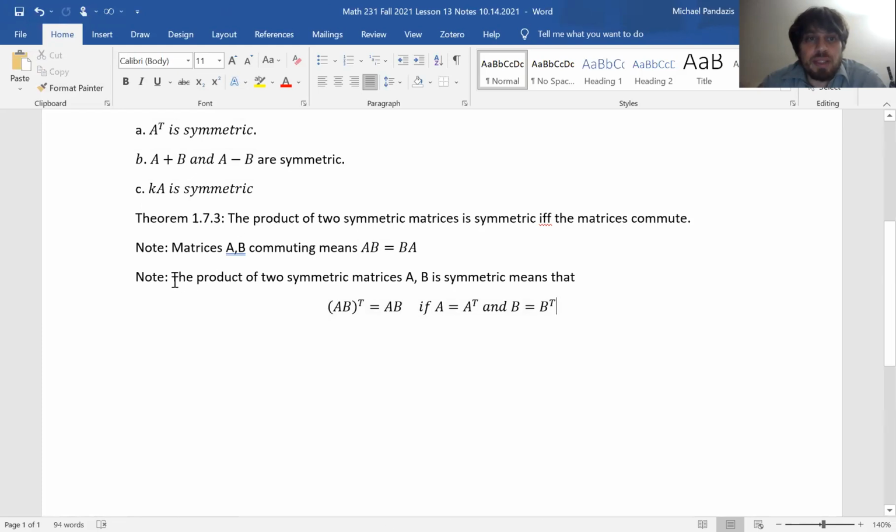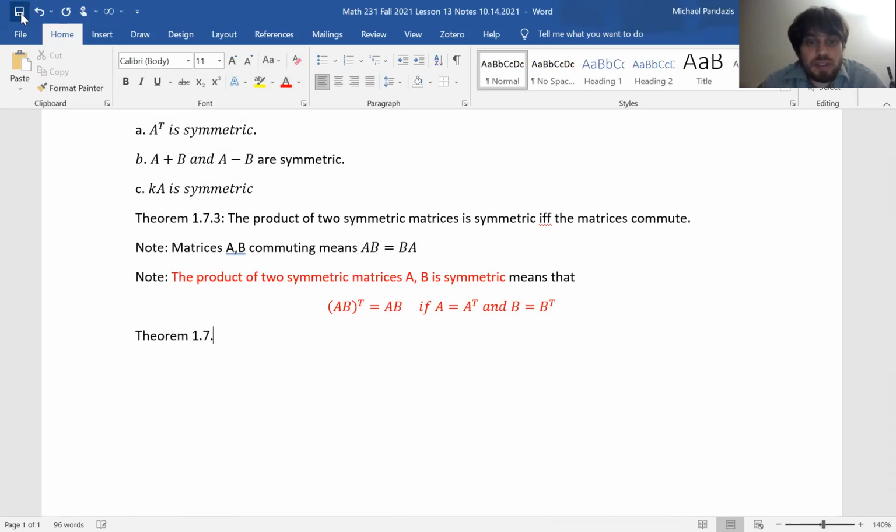So that's what this statement means. The product of two symmetric matrices AB is symmetric. Okay, so good, that's theorem 1.7.3.